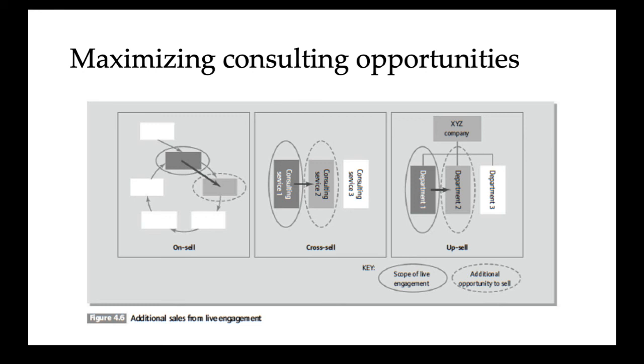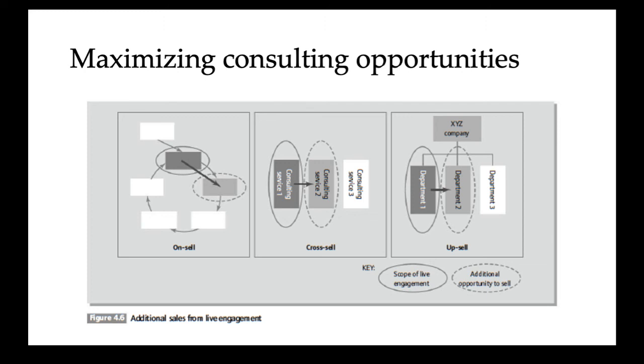Well, there are three types. The first type is an on-sell. If you take a look at the diagram for on-sell, which is the leftmost diagram, you'd notice that it's the same framework as the client's change process. By on-sell, we mean that we try to move along the change process of the client.